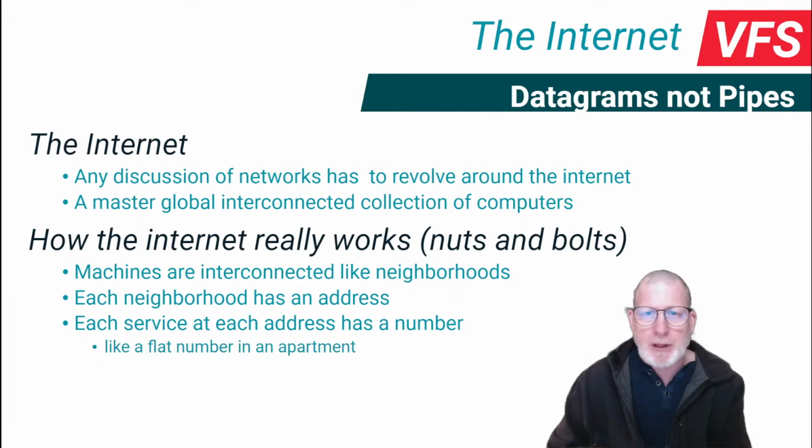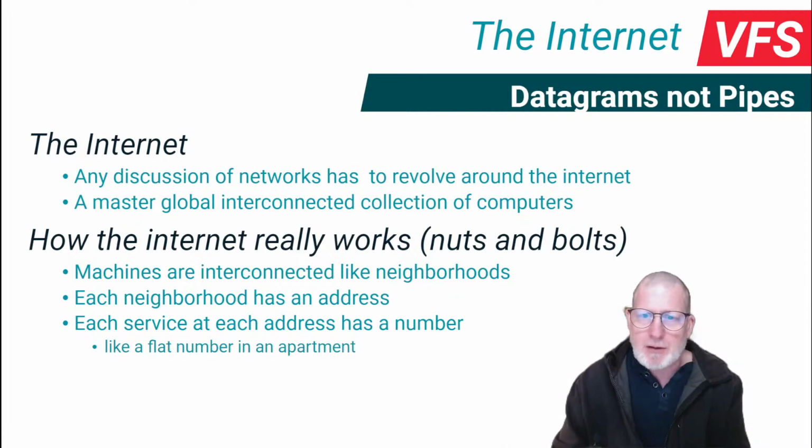Where things get complicated is that if it's at all possible to realize how big the internet is, there are not enough addresses to go around. And so what do we do when we have to address something, but we don't have enough addresses to go around? The other thing we have to deal with is once we uniquely identify the computer that we want to talk to, that isn't enough for us to be able to connect to it.